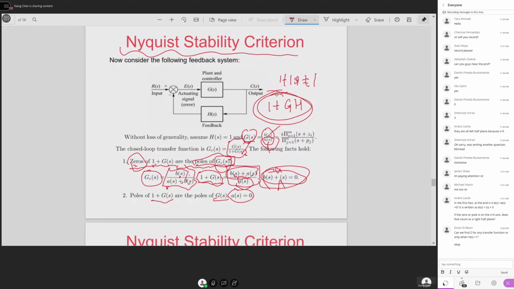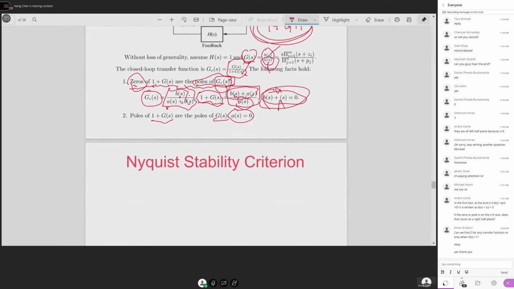Okay, in this case, you have to evaluate 1 plus GH, because that is the new denominator of the closed loop transfer function. Okay, you got my point? Okay, yeah. Any other question? Okay, so now we can move on.